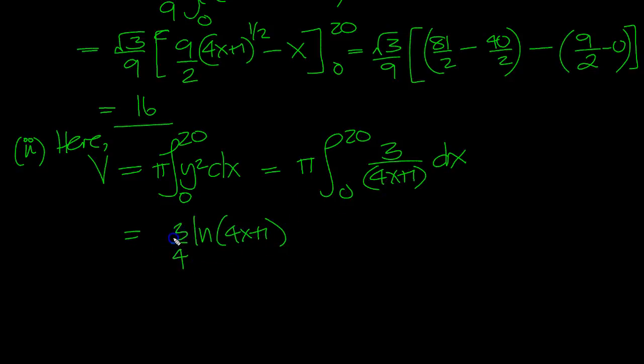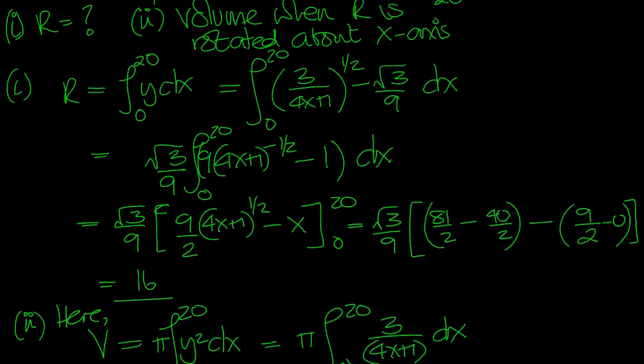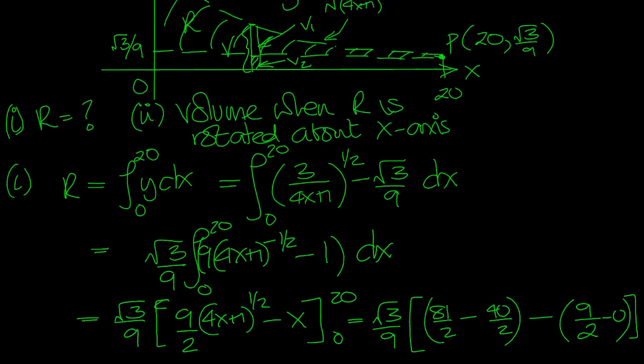But there's a 3 already there, and there's a pi. So it's 3 pi over 4 between 20 and 0. When you put 0 in, you get log 1 is 0, so it's only the top value. 3 pi over 4 ln of 81. So that's volume V.